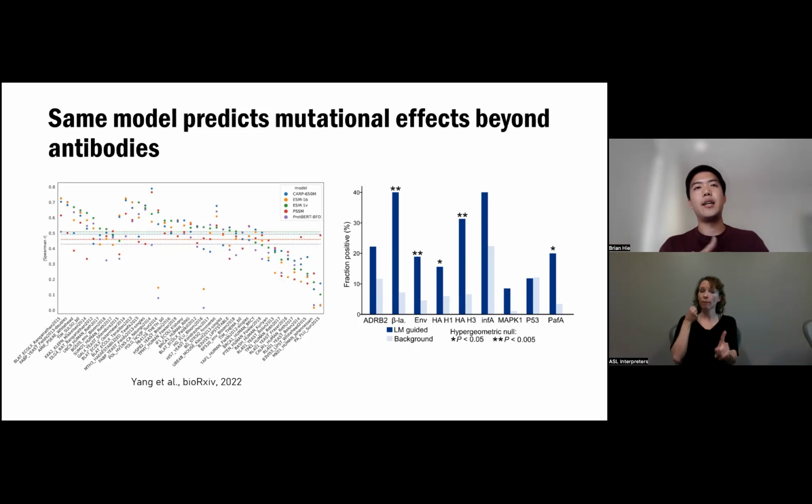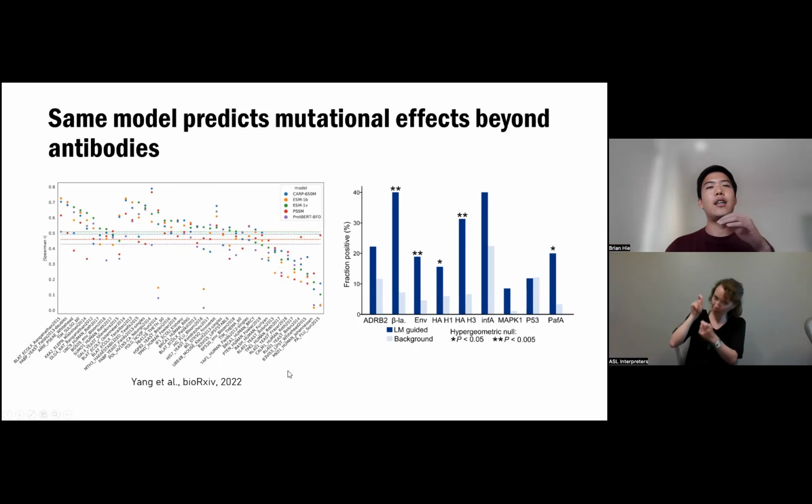These models were not specialized to antibodies. This is an example from the CARP work from Microsoft Research, showing good Spearman correlation of these general protein language models across a number of deep mutational scanning data sets with very specific definitions of fitness.